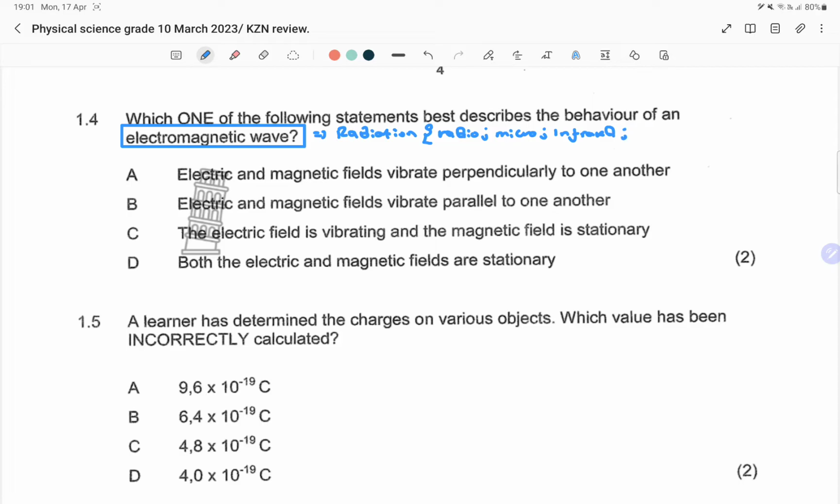Infrared going into the visible light spectrum. Let's just write visible light, or visible light spectrum.